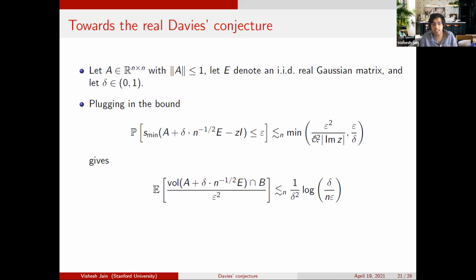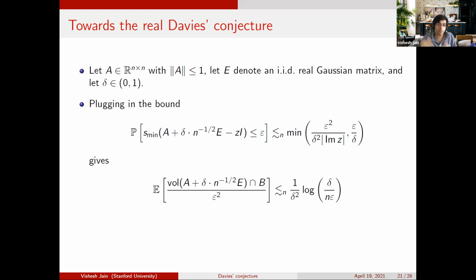Well, what you can say is, I have my singular value, and it's the minimum of these two guys, right? When the imaginary part is macroscopically big in epsilon, then sure, I have this epsilon squared rate. But if the imaginary part is smaller than epsilon, then I have to use this epsilon rate. And if you think about this for a moment, you'll see that I have these epsilon terms for each strip.